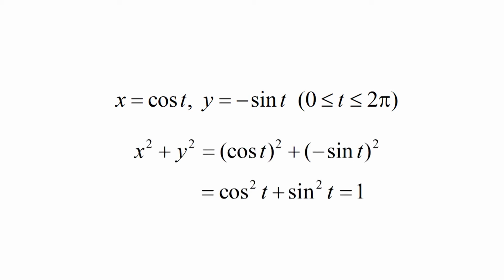Here x square plus y square is equal to cos t whole square plus minus sin t whole square, which is equal to cos square t plus sin square t, which is equal to 1. Thus, the graph of the curve given by the parameterization is contained in the circle x square plus y square is equal to 1.